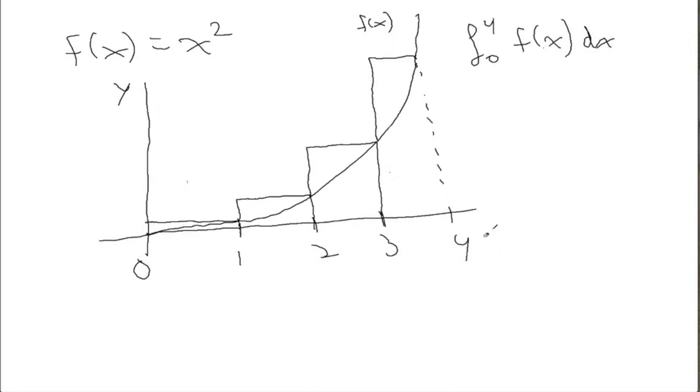Yep. All right, well, how can I figure out how high this rectangle is? What's this point here? How can I calculate this point? Remember, this is the function. That point is 1, so we can plug it in the function, and our height is 1. And how can I figure out what this point is? Same method, plug 2 into the function, and we get 4.